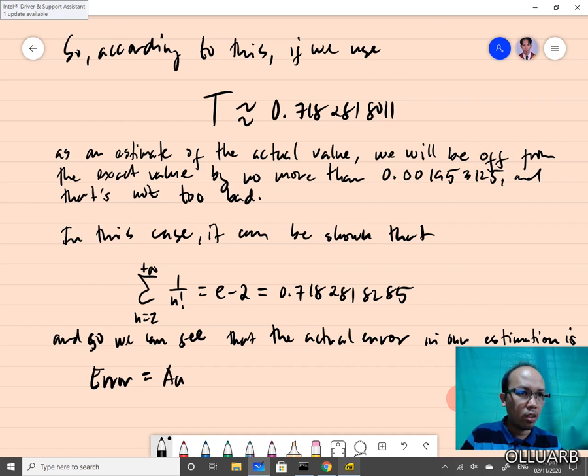This is the actual value minus the estimate.